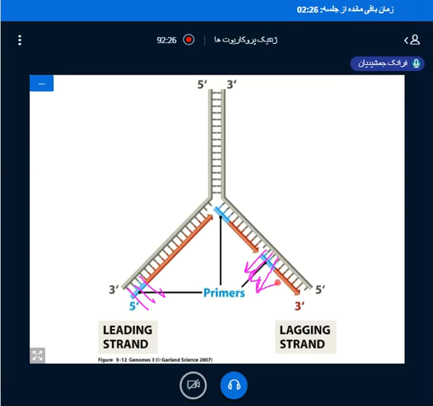What are primers made of? Primers, as you know, are RNA. We shouldn't have RNA in our DNA, so they should be removed. How? DNA polymerase 1 removes the primers with the 5' to 3' exonuclease activity.